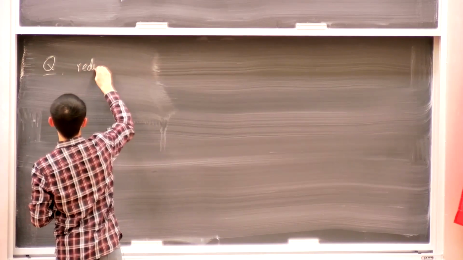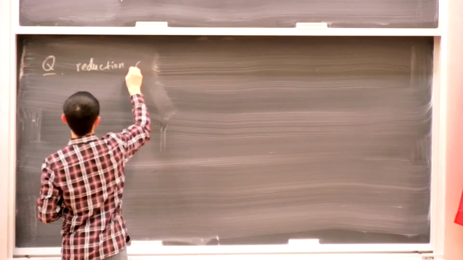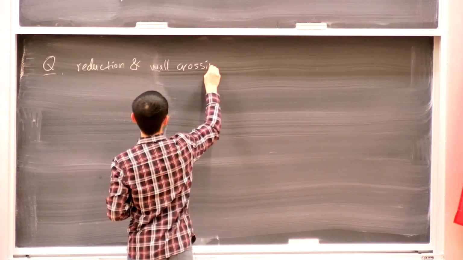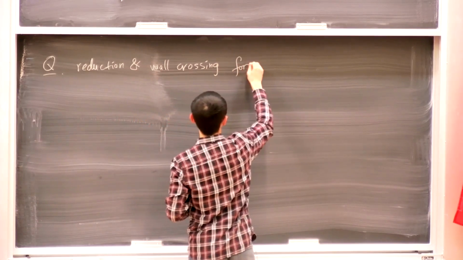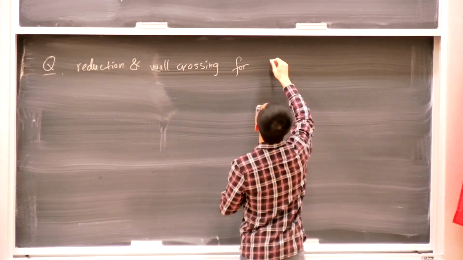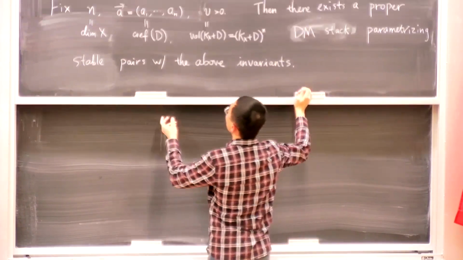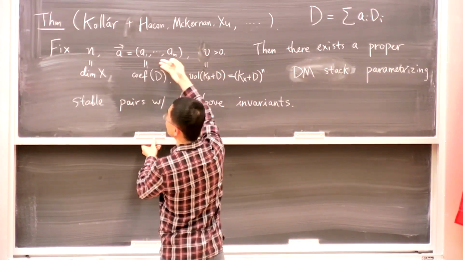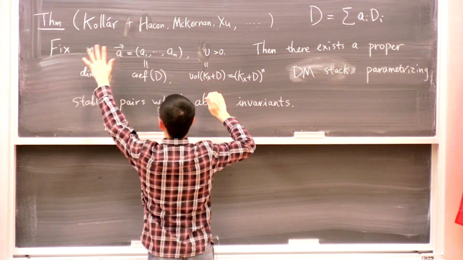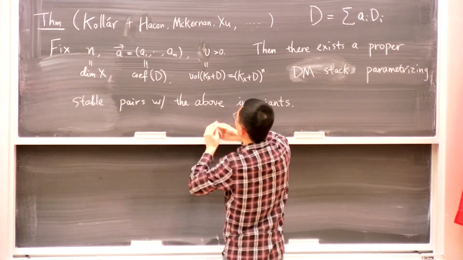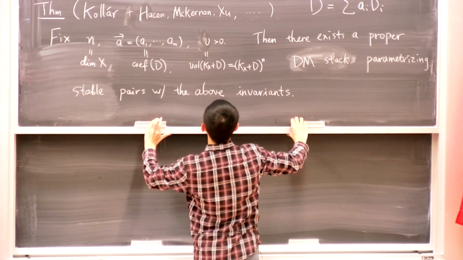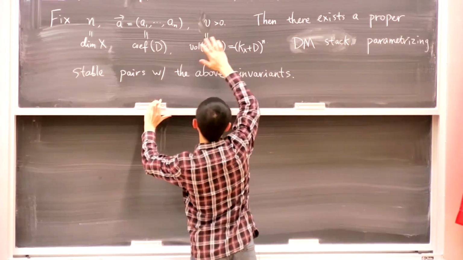So this reduction and wall-crossing for this moduli space, and maybe I should give it a name. Since I'm mostly interested in changing the coefficient, I can just keep the dimension fixed. The volume will not stay there during this process, but I'm not going to worry too much about this.